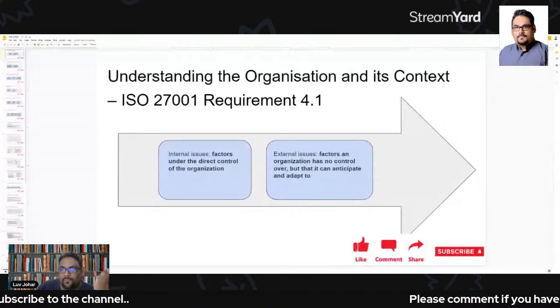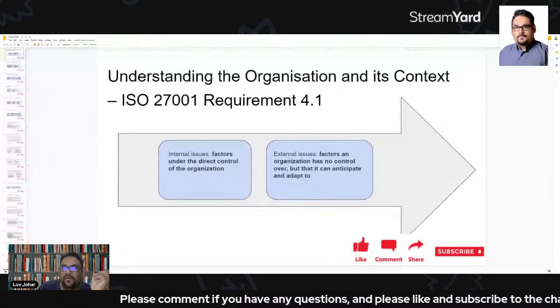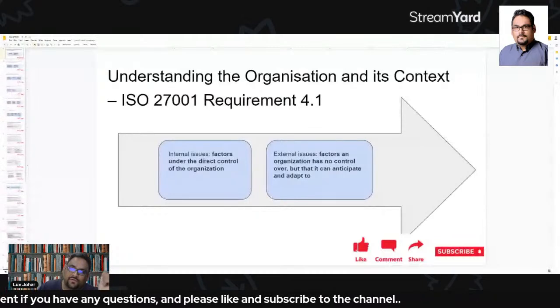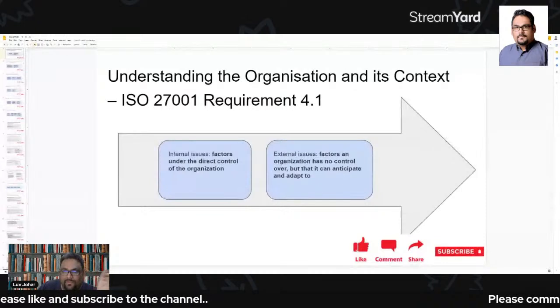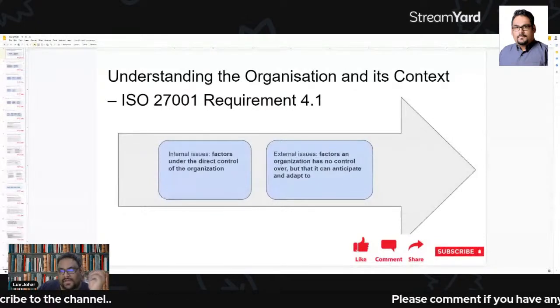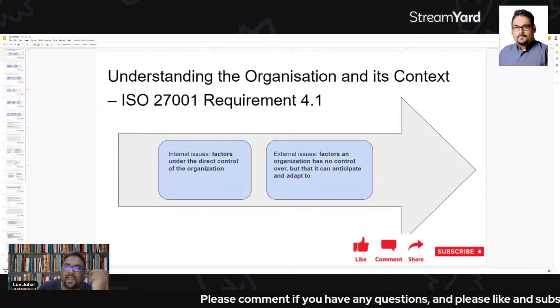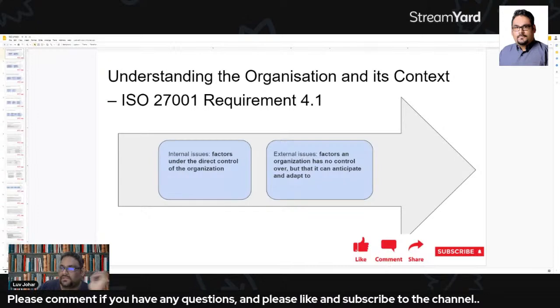Being aware of an organization's internal issues is very important, either positive issues or negative issues. From an information security point of view, it's very important. It will help you to define your ISMS objectives, ISMS purpose. It will help you to define strategies and allocate your resources where they will bring the best results.